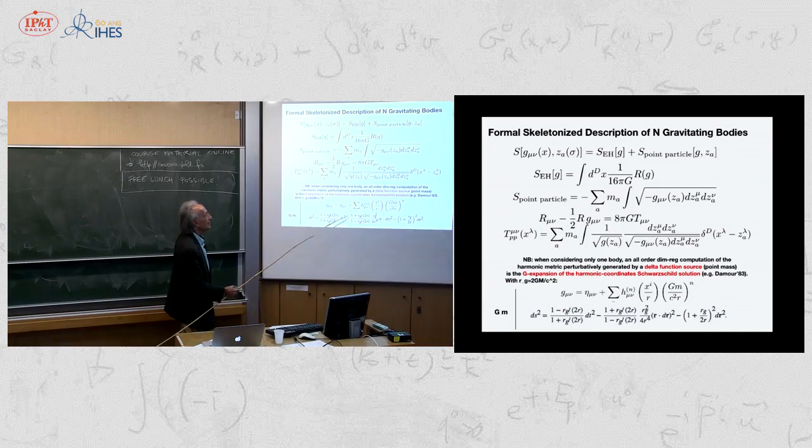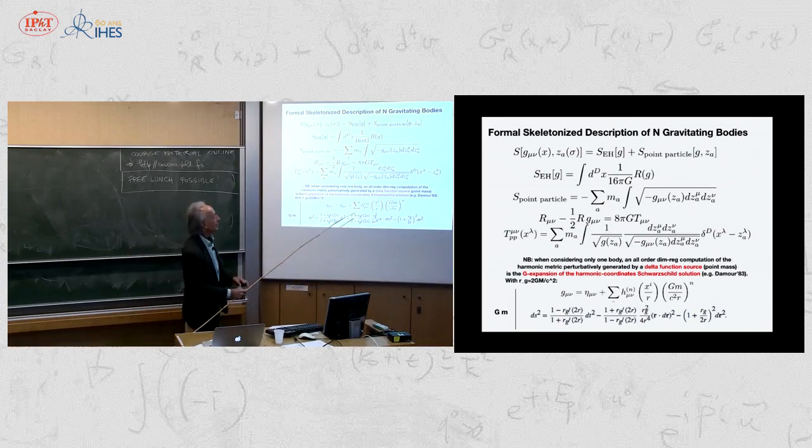The basic idea is the following. Evidently, black holes are not point masses, okay? But a simple exercise is that if you take a point mass and you solve Einstein's equation by successive perturbation theory, 1 over r, you look for solutions with a point mass, you discard infinite self-fields and you solve it.